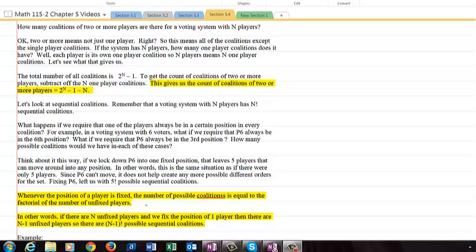Whenever the position of a player is fixed, the number of possible coalitions is equal to the factorial of the number of unfixed players. In other words, if there are n unfixed players and we fix the position of one player, then there are n minus 1 unfixed players, so there are n minus 1 factorial possible sequential coalitions.